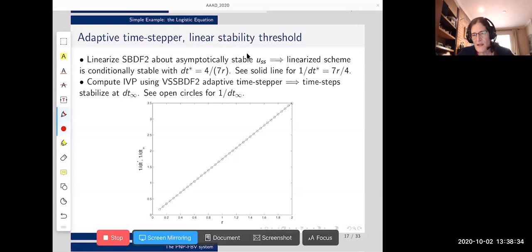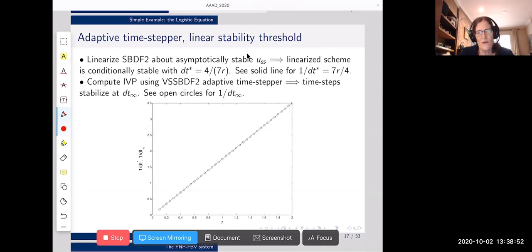But what I would expect is that for each of the steady states, I could have different stability thresholds, because the stability threshold has to do with the Jacobians for a specific steady state.